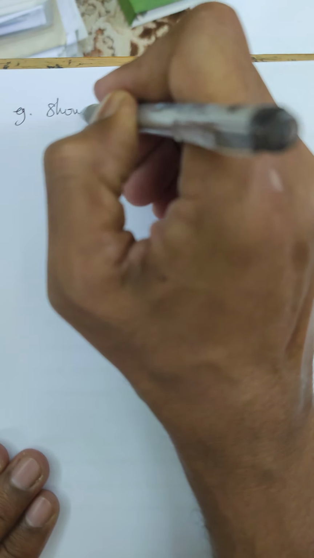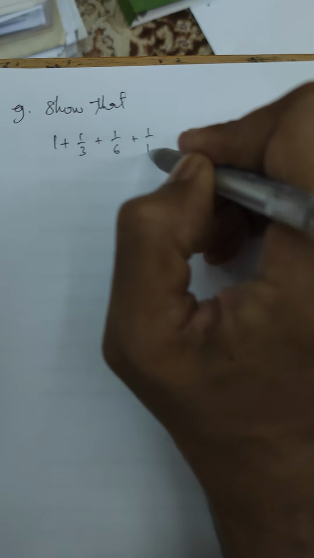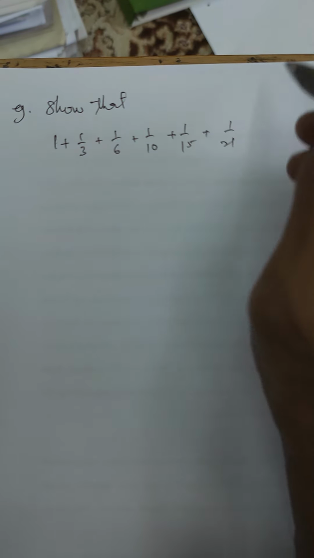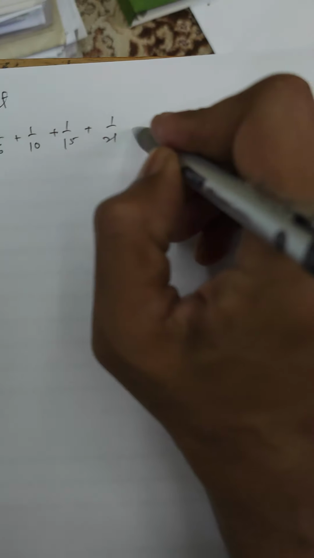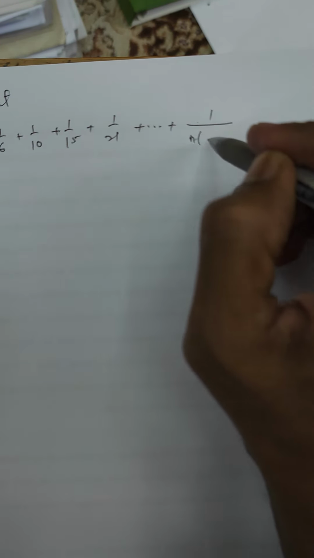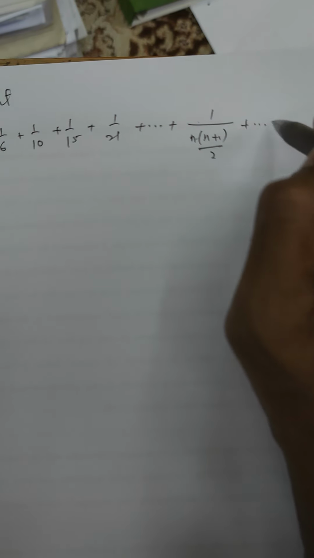Show that 1 plus 1 over 3 plus 1 over 6 plus 1 over 10 plus 1 over 15 plus 1 over 21 and so on, up to 1 over n(n+1)/2 and so on, equals 2. We're going to prove this.